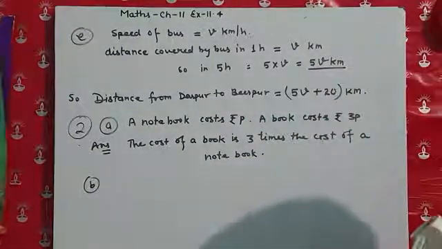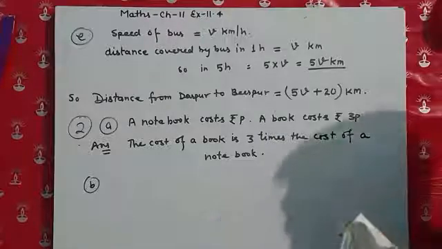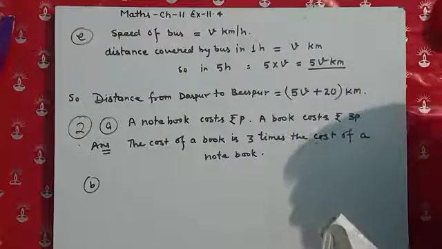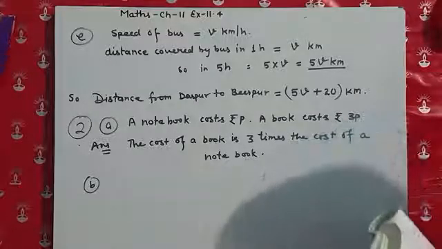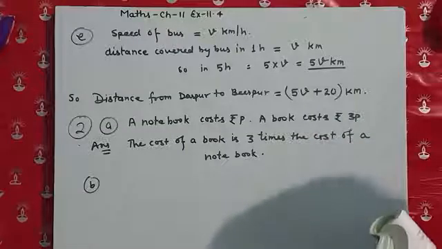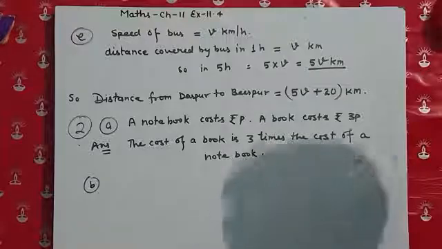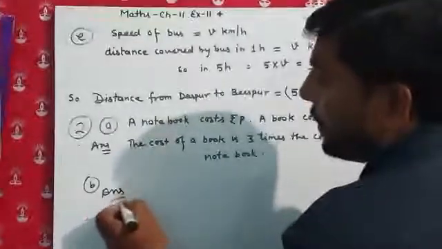In the B part, the question is saying that Tony puts Q marbles on the table. He has 8Q marbles in the box. So what can we simply write? He has 8Q marbles in the box. That means 8 times the marbles that he put on the table. So simply we will write down the statement. Here I am directly writing the answer.